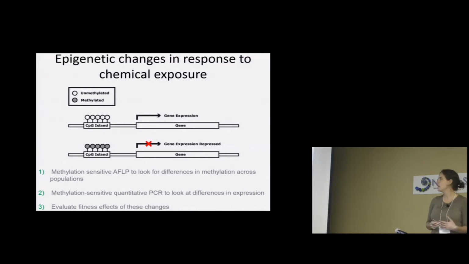To look at whether we're seeing changes in methylation, we're doing a methylation-sensitive AFLP analysis, which will let us see if there are genome-wide changes in methylation without knowing in any detail what those genes are. If we see these patterns, then we can follow up to look at what genes are associated and whether there are fitness costs, or perhaps they're adaptive.